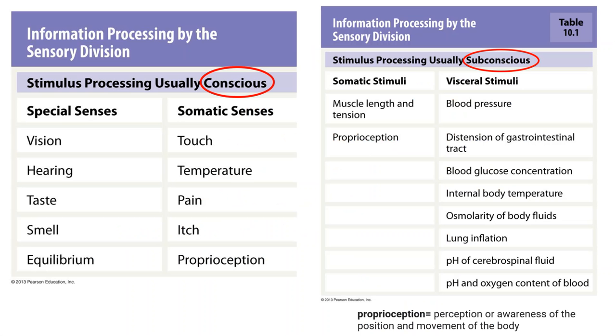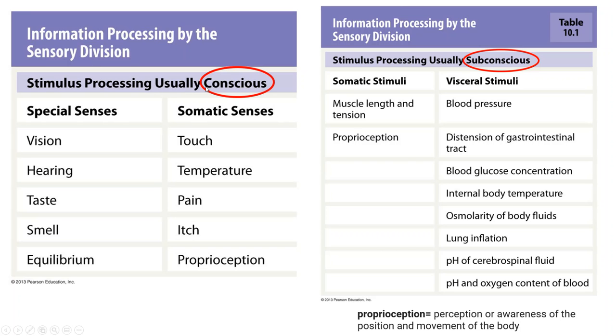And we can recognize several conscious types of stimuli as well as subconscious or unconscious. And within the conscious and subconscious as well, we can recognize the somatic stimuli or somatic senses. And in the conscious, we also recognize the special senses, okay? Whereas in the subconscious, we have the somatic stimuli and the visceral stimuli.